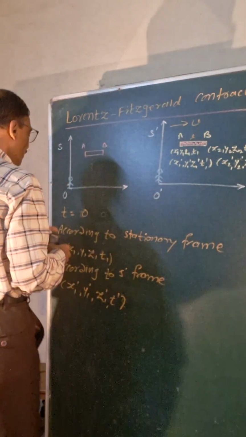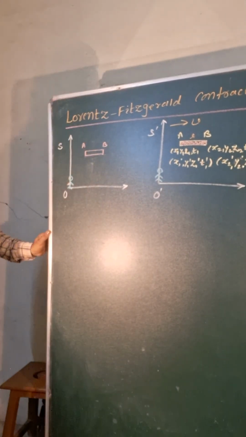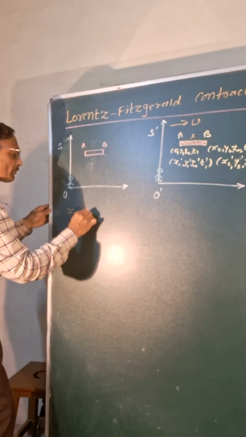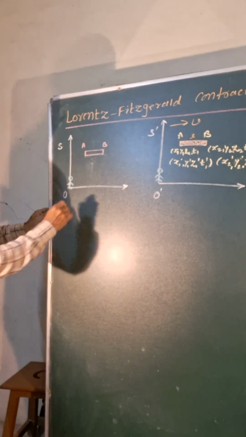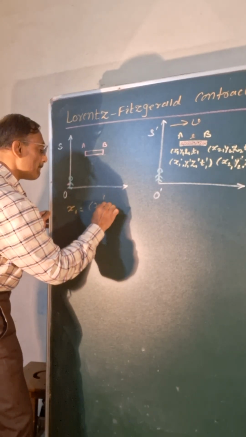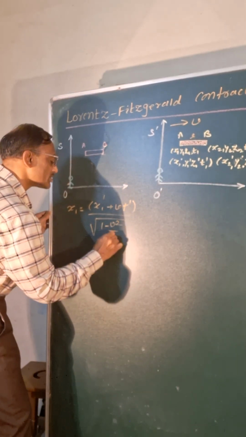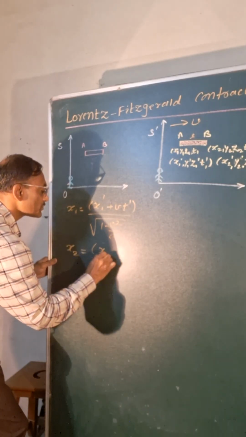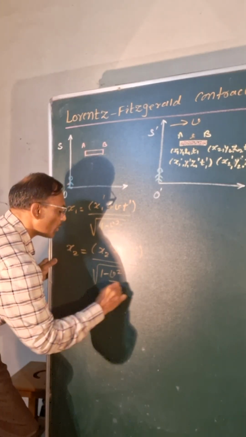According to the Lorentz transformation, the x coordinates of the rod are given by x1 is equal to x1 dash plus vt dash divided by under root 1 minus v square upon c square, and another coordinate x2 is equal to x2 dash plus vt dash divided by under root 1 minus v square upon c square.